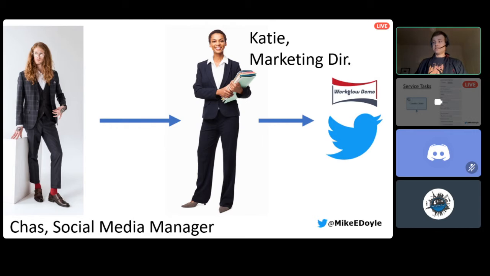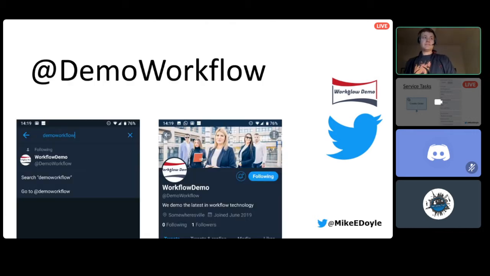So before we start, does anybody have Twitter on their phone? Or if not, just open a new tab in your browser and go find the account, so we can test whether our workflow actually posts Chaz's tweet. So the handle you have to look for is @demo_workflow. So go find that.